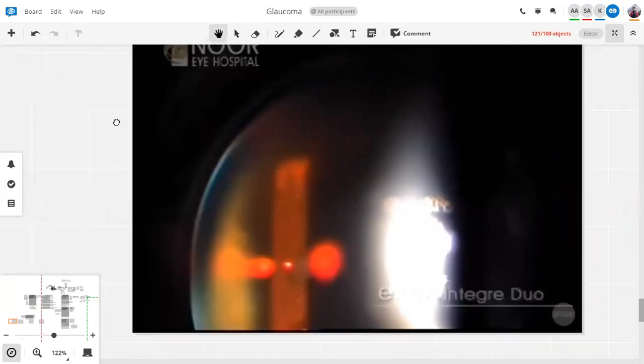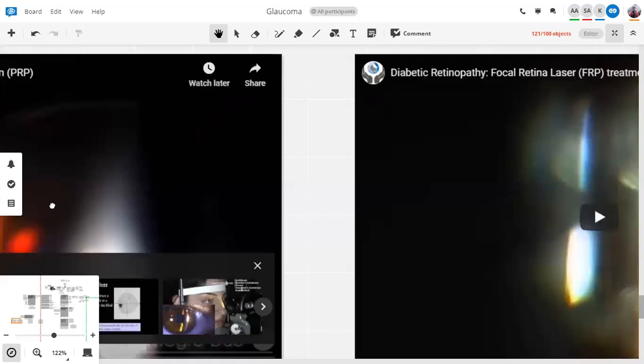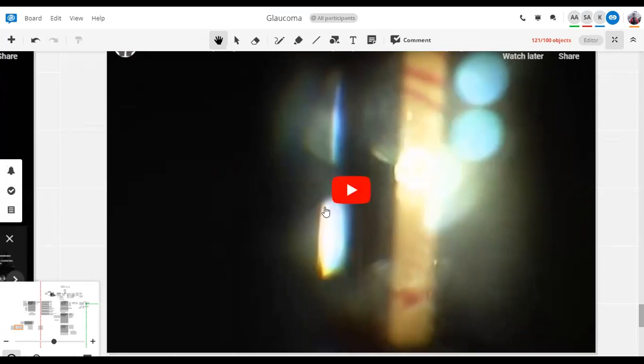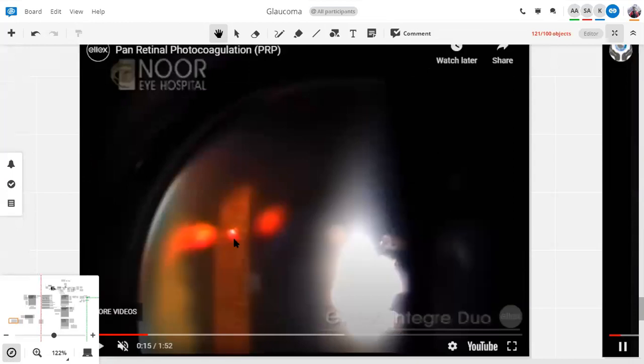If anyone has the concept of the retina, it's not difficult to imagine what is happening. If you don't understand what's happening in this picture, this is pan-retinal photocoagulation. This is the retina.